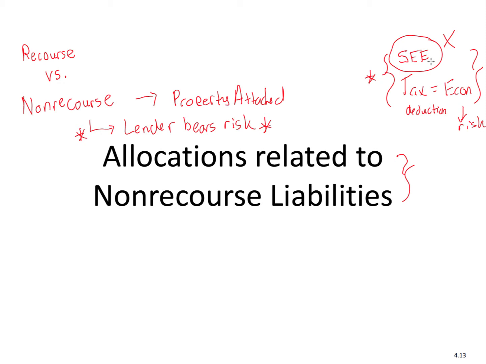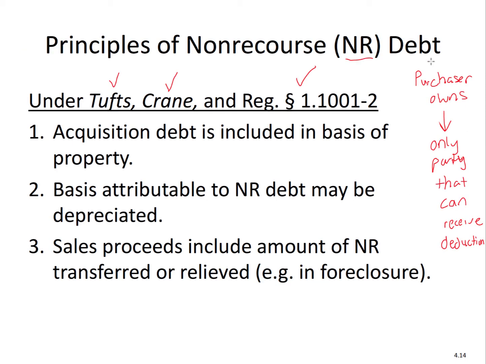Well, if we can't allocate them to the lender, who are we going to allocate them to? Under the case law, the only person that can get the deductions is the owner of the property, which you're going to see in our situation is going to be the partnership, or the limited liability company, or whatever it is that we're applying the partnership rules to, because that is the party that's going to be buying the property with non-recourse financing.